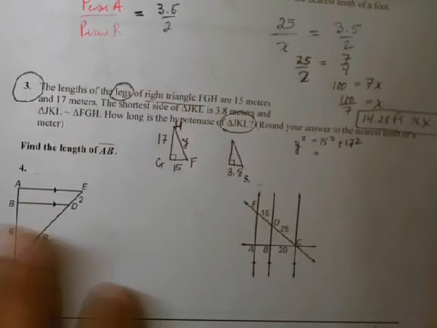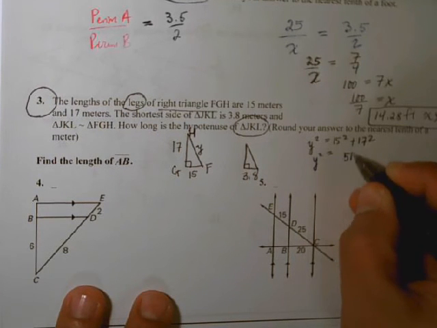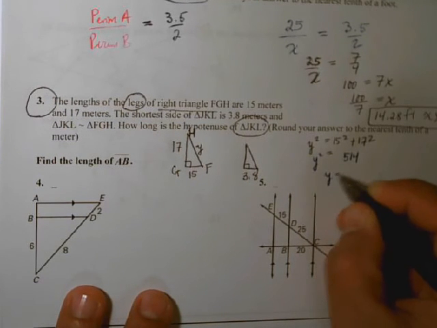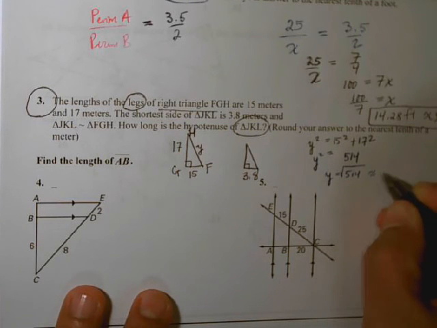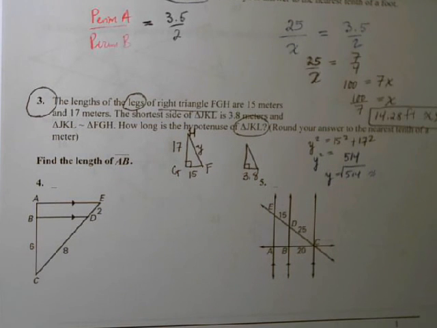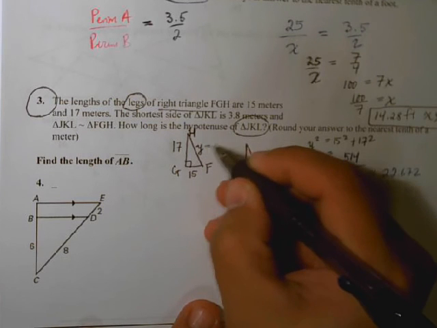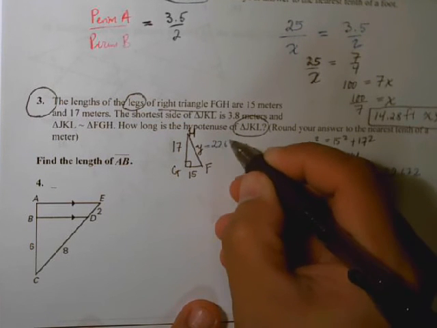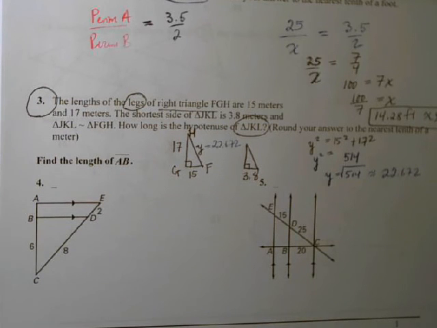So from this, we get that y squared is equal to 514, and y is equal to the square root of 514, which is about 22.672. Okay, so that's this length here, 22.672.